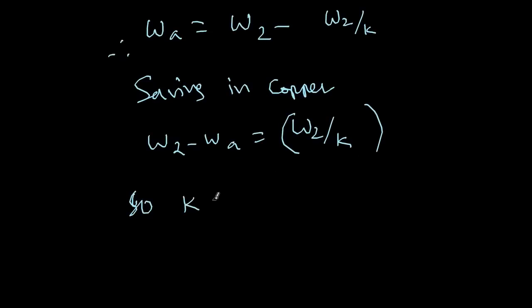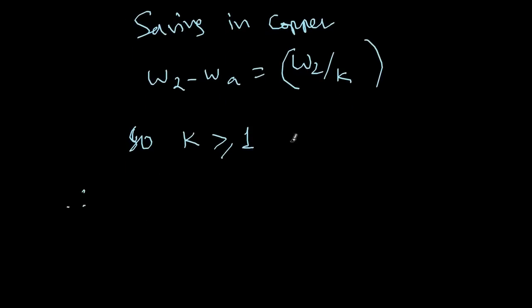So K will be greater than or equal to 1. Now if K equals 1, then the entire saving will be the entire W2, but as the K value keeps on increasing, that means as you go for more and more step up, the benefit will be lost, the saving will be less.